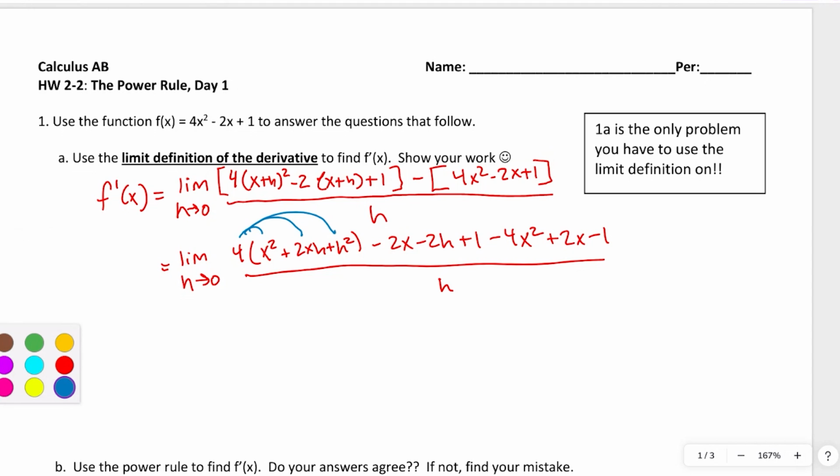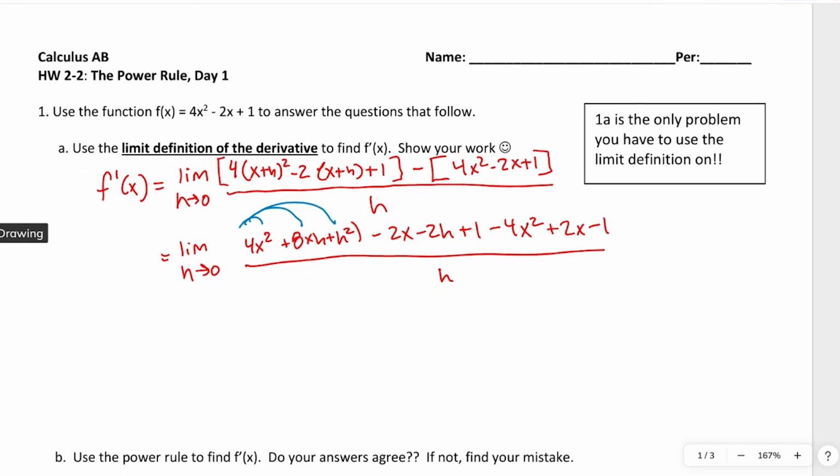So 4 times x squared is going to be 4x squared. Then 4 times 2xh is going to be 8xh. And then multiplying by that h squared is going to give me 4h squared.